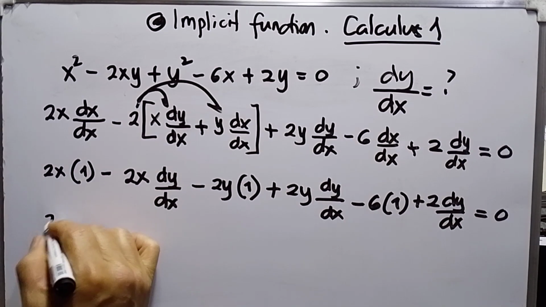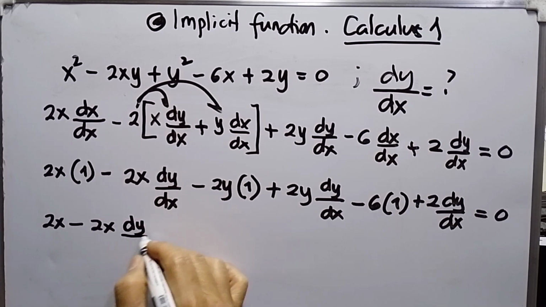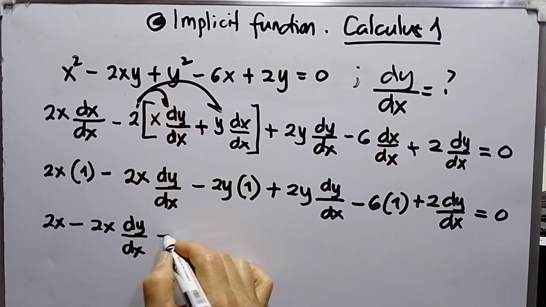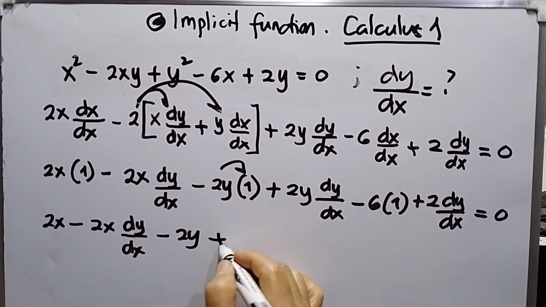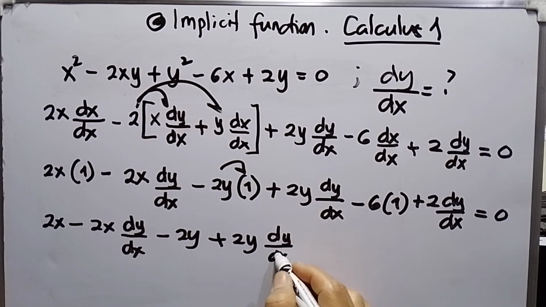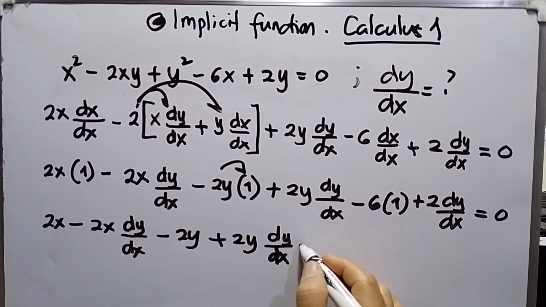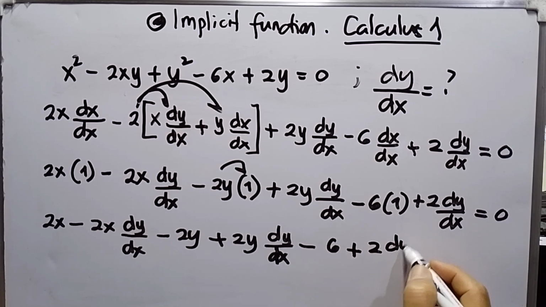So this will be 2x minus 2x dy over dx minus this one, 2y, then plus 2y dy over dx, then minus 6 plus 2 dy over dx is equal to 0.